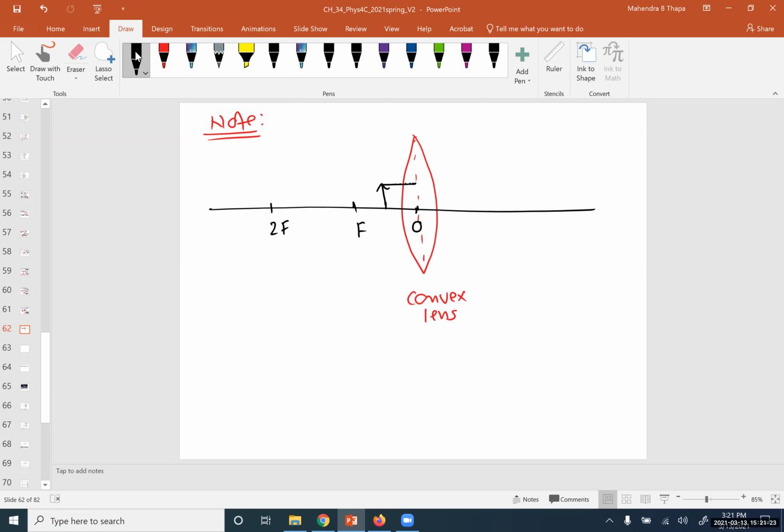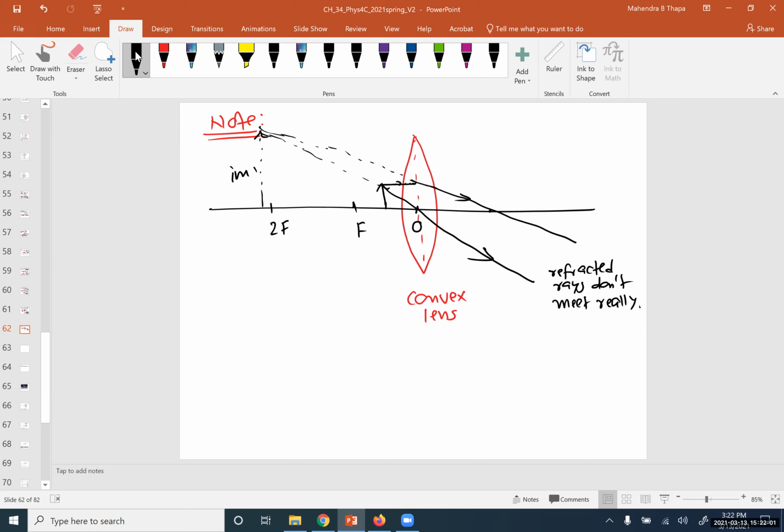One ray parallel to the principal axis passes through the focus. The other ray through the optical center will pass straight. So the refracted rays do not meet in the real sense. So we have to produce them back, then the image could be formed somewhere. So this is the image position. We get the virtual image.